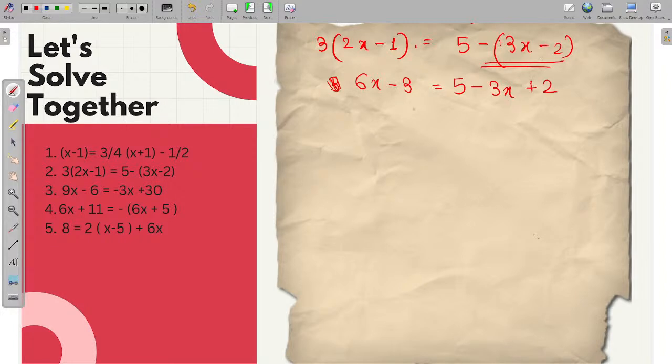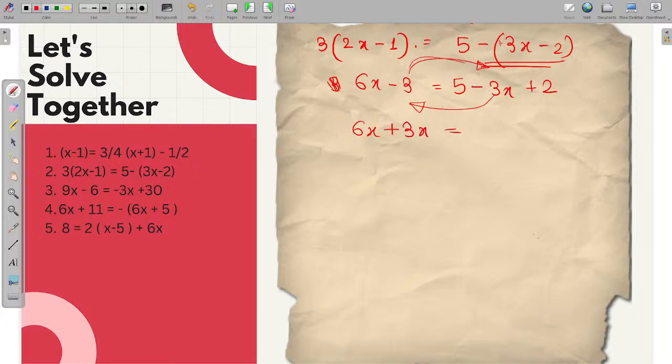Correct? Now again, the next thing is we have to shift the sides such that like terms will be on one side. So for this I have to shift this −3x to the opposite side and this −3 to the other side. So 6x, this is −3x, so while changing side it will become +3x, right?